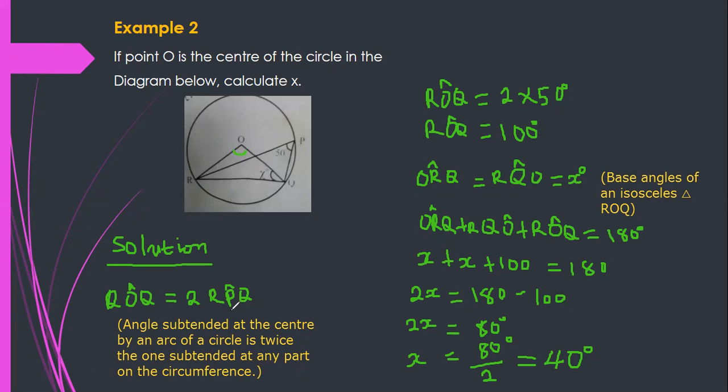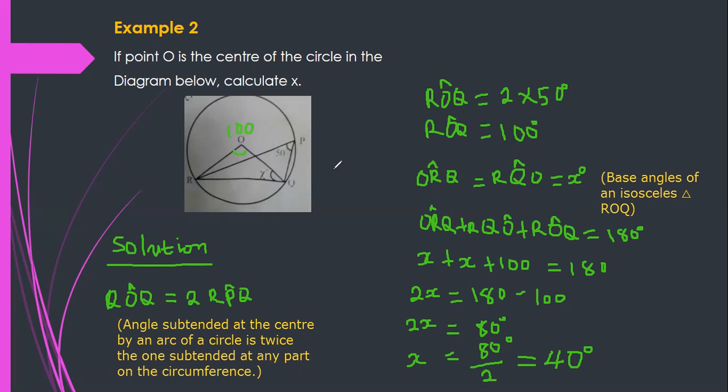Why? Because the angle subtended at the center by an arc of a circle is twice the one subtended at any part on the circumference. So we need to find this angle first, and for us to find it we must apply this theorem, which means we say 2 times 50, which gives us 100 here. That's where we got 100 degrees, that is angle ROQ.